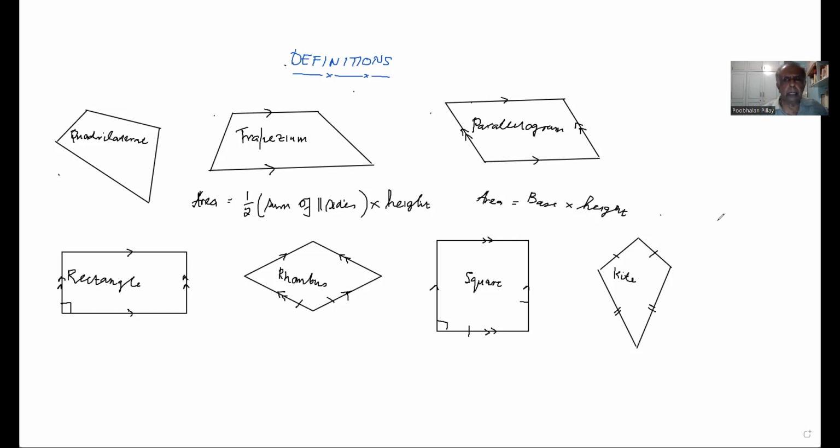So let's see the different types of quadrilaterals we have. Here, the first quadrilateral is random, just a 4-sided figure, no conditions attached.